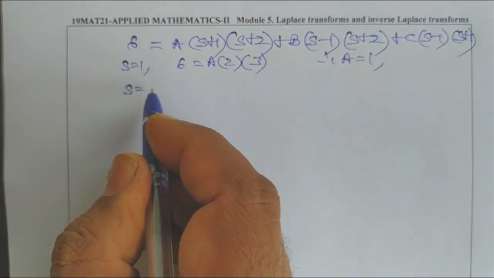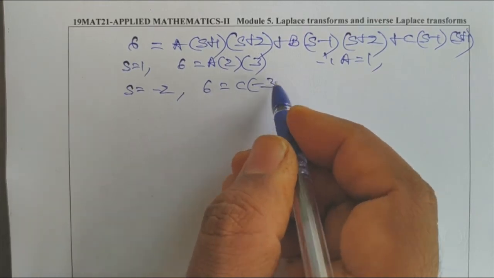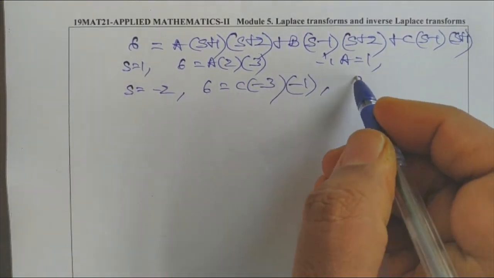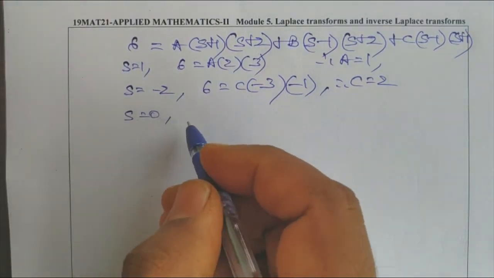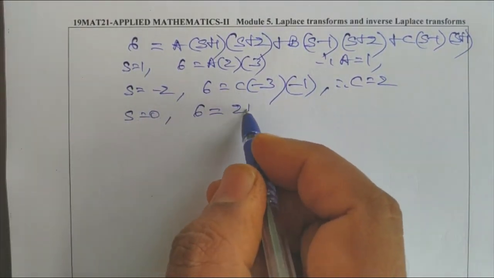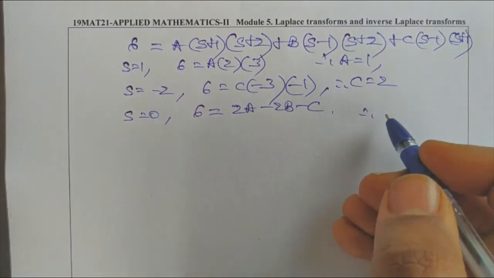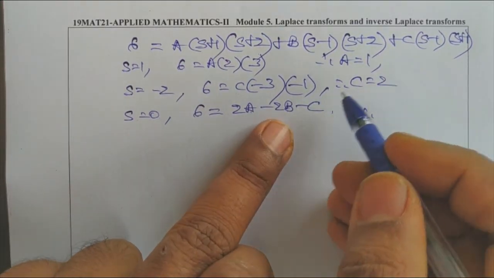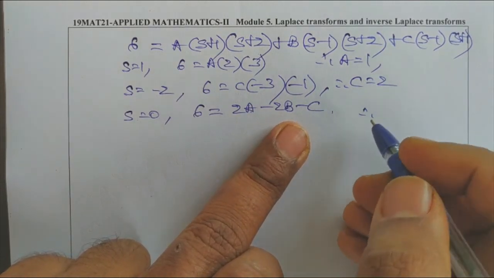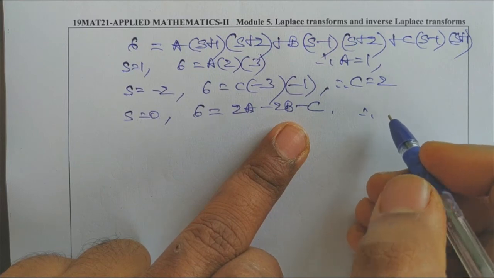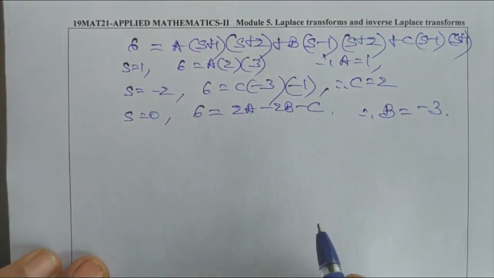When s is equal to minus 2, 6 is equal to c into minus 3 into minus 1, so c is equal to 2. When s is equal to 0, 6 is equal to 2a minus 2b minus c. The a value is 1, c value is 2, so the 2 and 2 cancel, leaving minus 2b, so b is equal to minus 3.